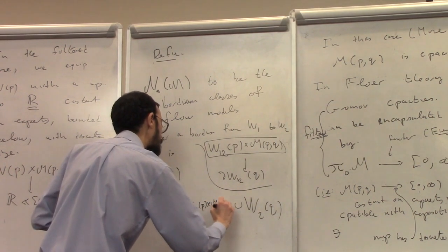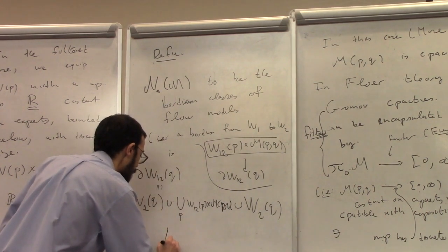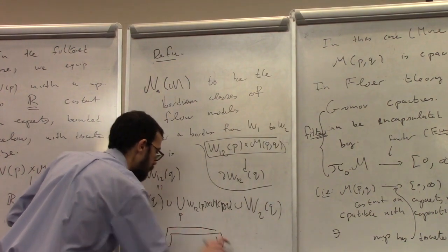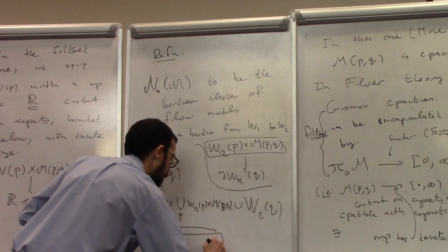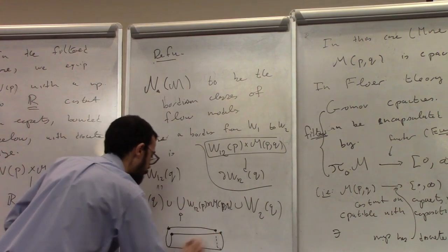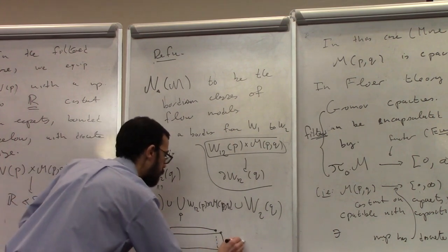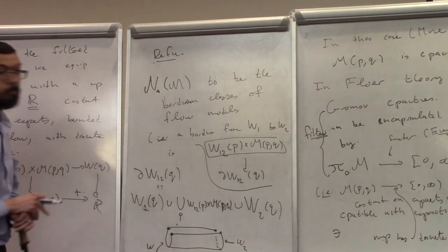The picture you should have in mind is, it's very hard to draw something like this, but okay. So this is W1, this is W2, and then there's some extra boundary that lives over the interval, that is the composition.